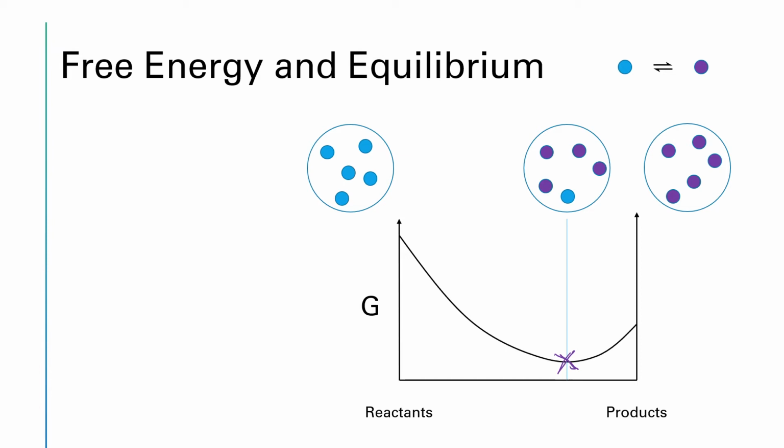Well, other types of energy also want to minimize, and the Gibbs free energy for a reaction wants to minimize. So that lowest possible Gibbs free energy is obtained when we reach an equilibrium mixture of both reactants and products. And so that's why some reactions reach an equilibrium instead of going all the way to reactant or staying all the way at reactants or going all the way to products. It's just in their nature to have a lower Gibbs free energy as that equilibrium mixture.